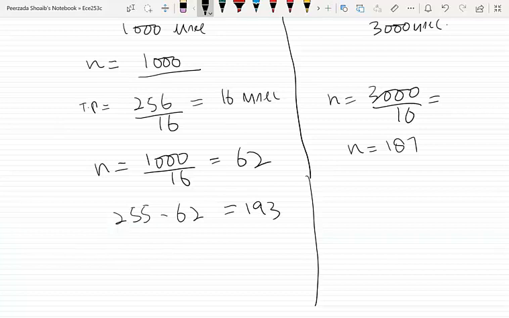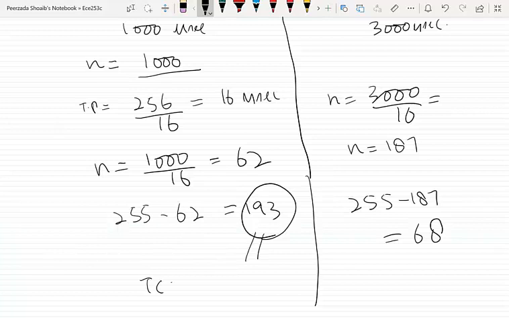And in this case, the value that needs to be loaded into the timer counter register will be equal to 255 minus 187, that is equal to 68. So you can change this into hex and load it into TCNT0 at the time of turning it on, and at the time of turning it off, TCNT0 will get 68.